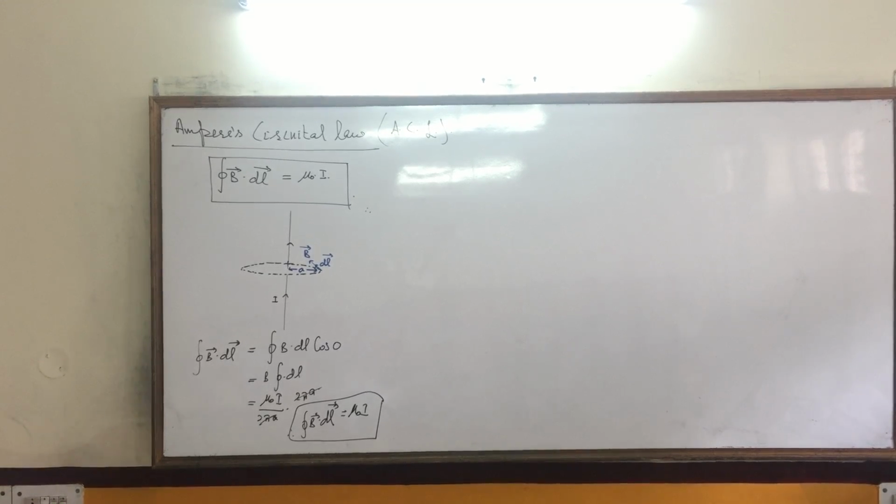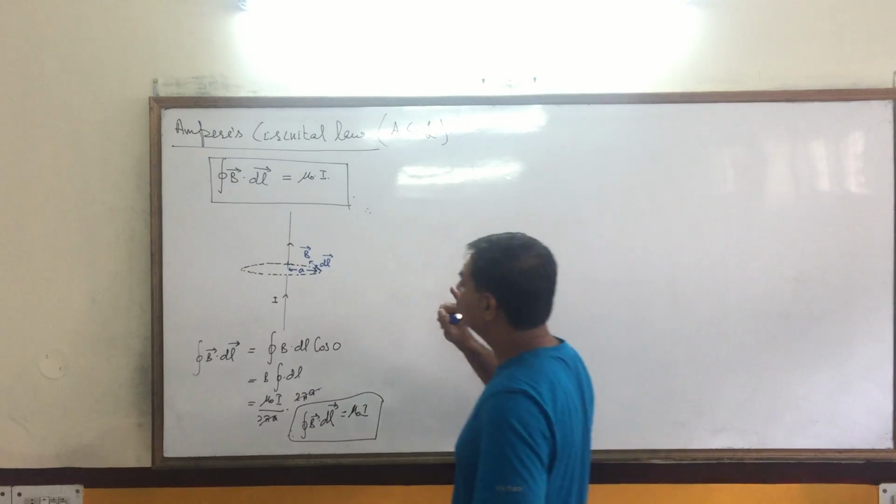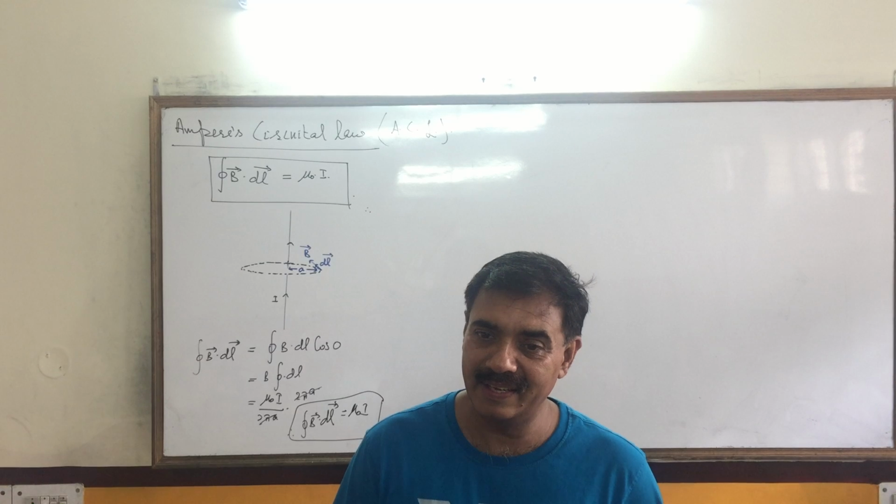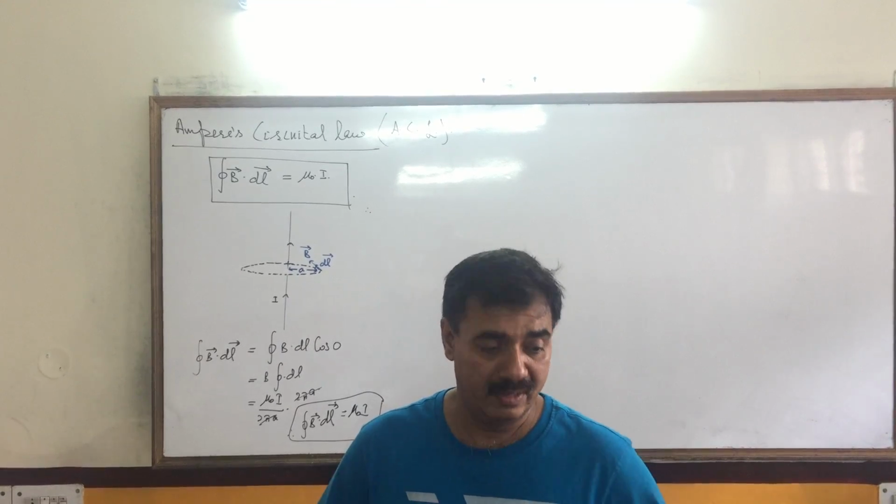देखो, अरे पोटेंस में. It means we have proved Ampere circuital law by using a very specific kind of a situation. ठीक है? But it is true in general. Note.